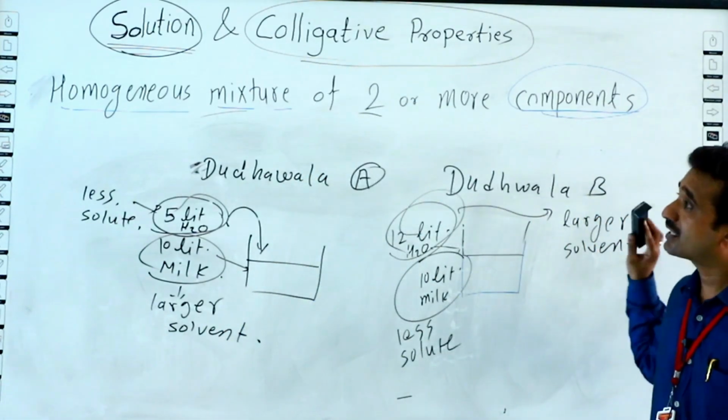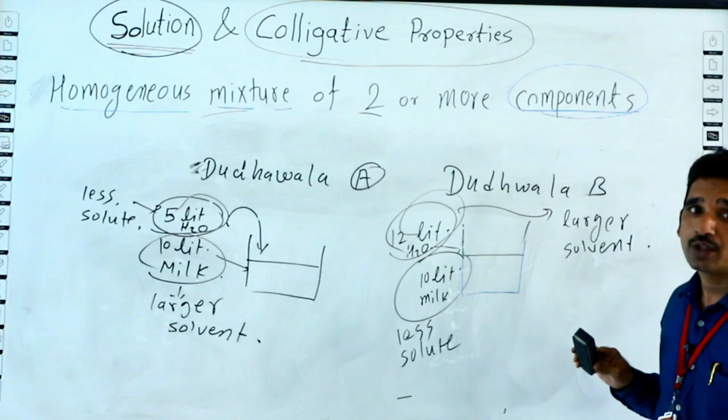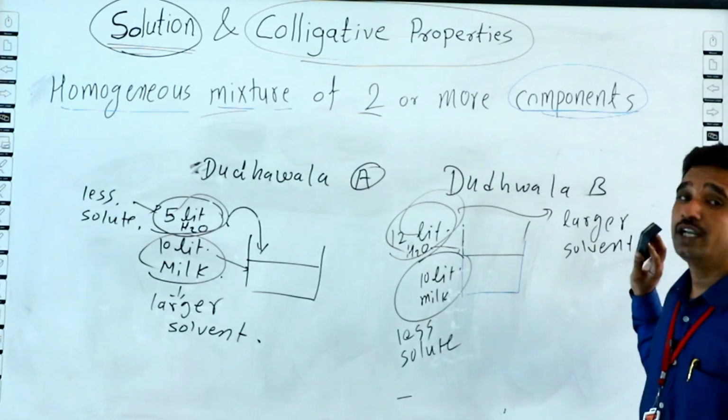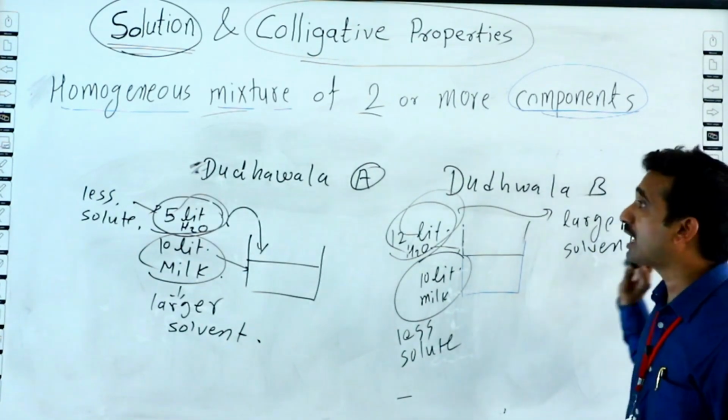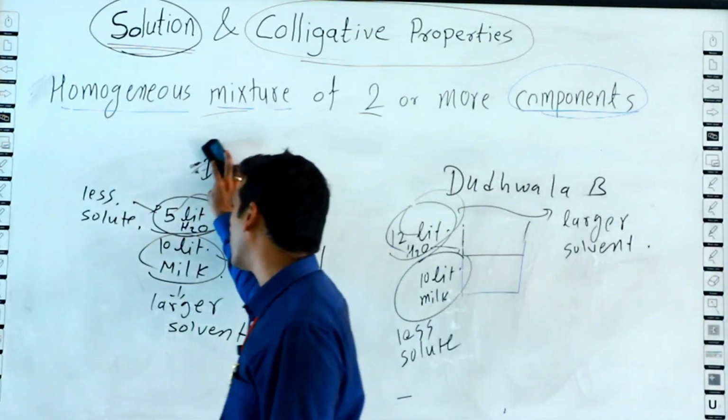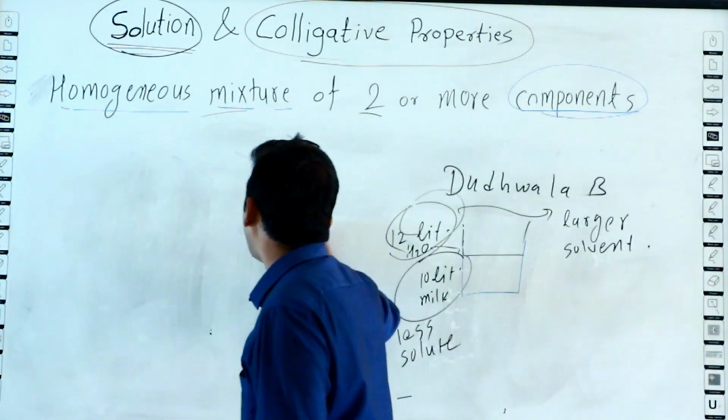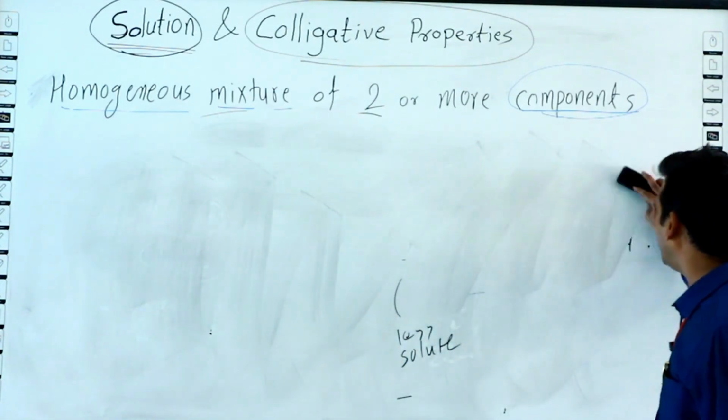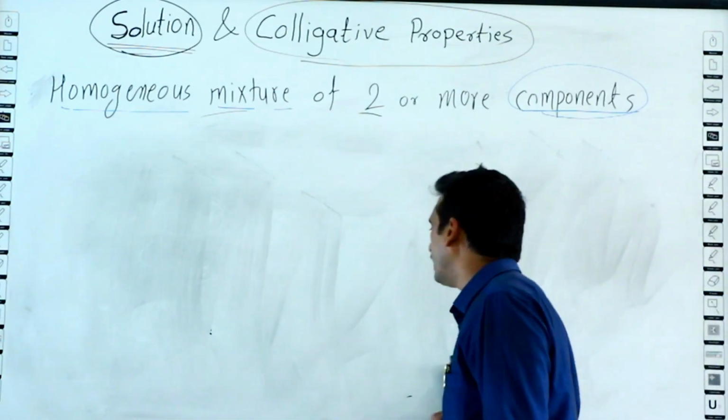So this type of solution on the quantity based, which are the components, number one is a solute and other is a solvent.